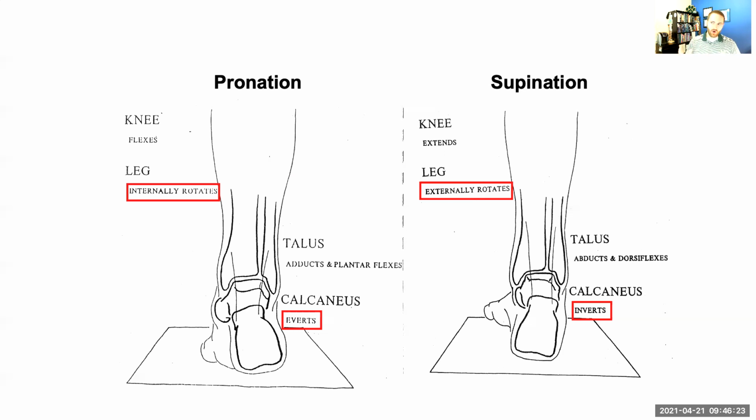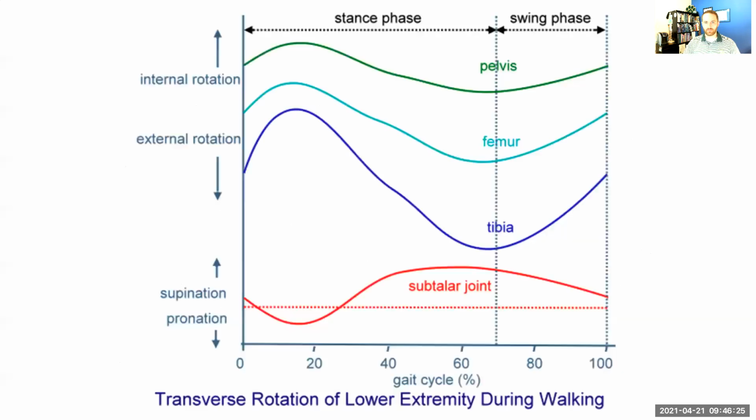So if we link all of this together now, we can begin seeing how the entire kinematic chain functions, specifically in the transverse rotation idea. So at initial contact of stance, we land in a supinated position with our pelvis, femur, and tibia all internally rotating.